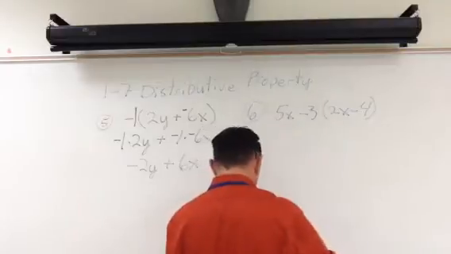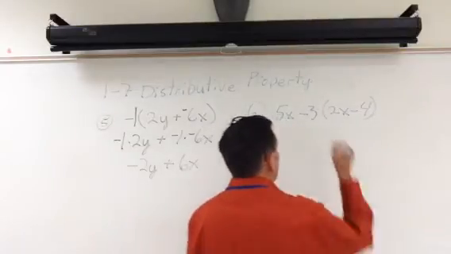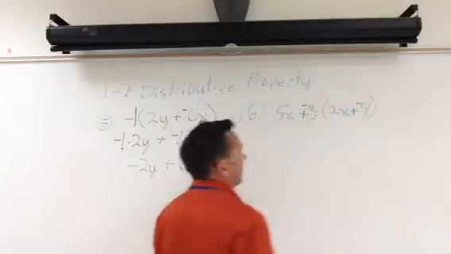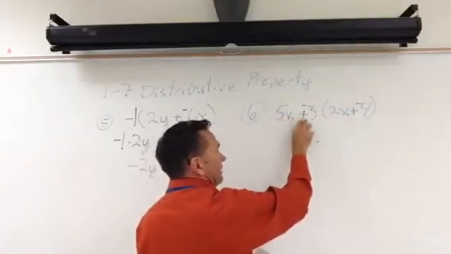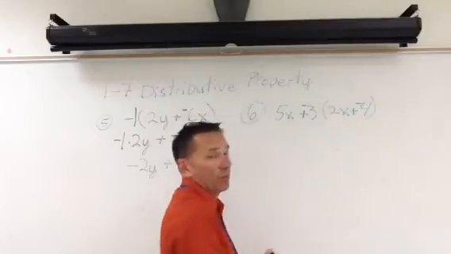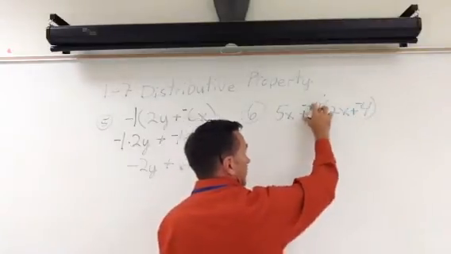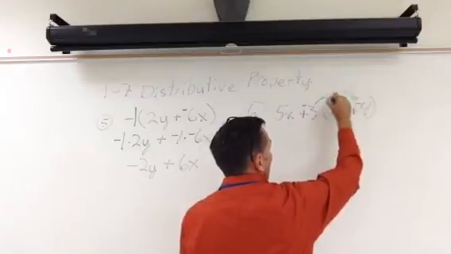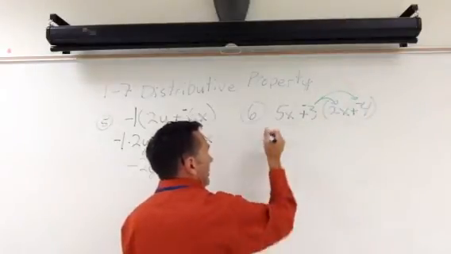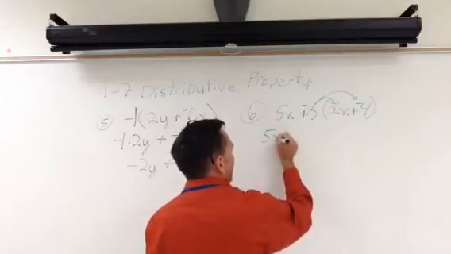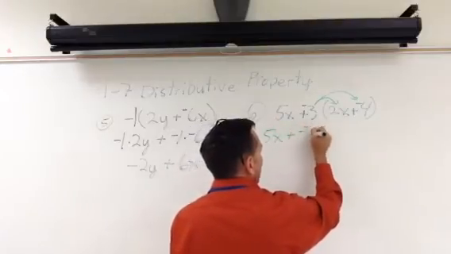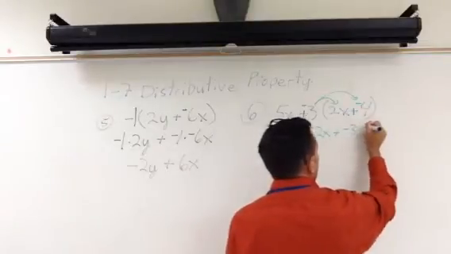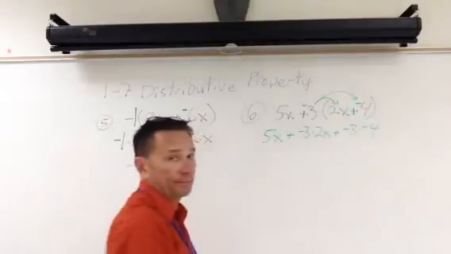I'm going to change this to plus a negative and plus a negative 4. Now the 5x is being added to whatever's over here. The only thing I distribute is this negative 3 to those two terms. Carry down the 5x. Now I have negative 3 times 2x plus negative 3 times negative 4.